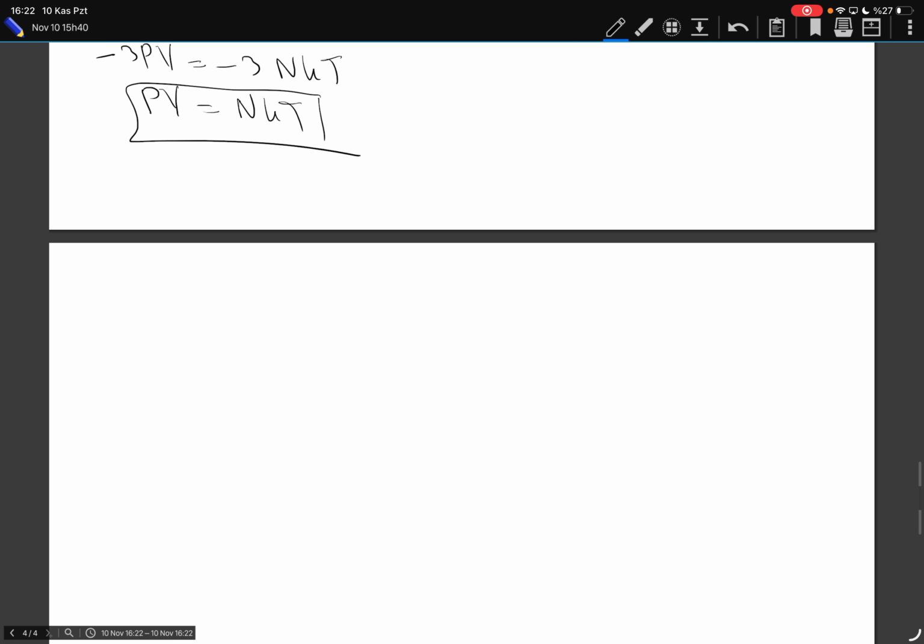For example, if you look at the harmonic oscillators, what is the average of the kinetic energy for this case? Well, the average of the kinetic energy will be p_i v_i over 2.